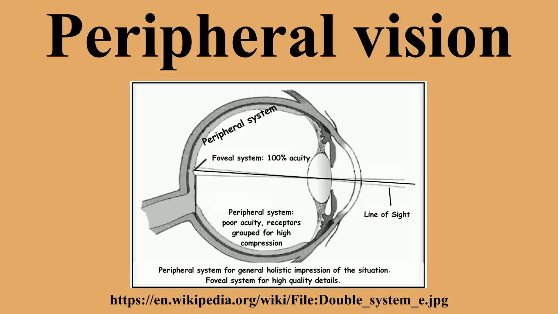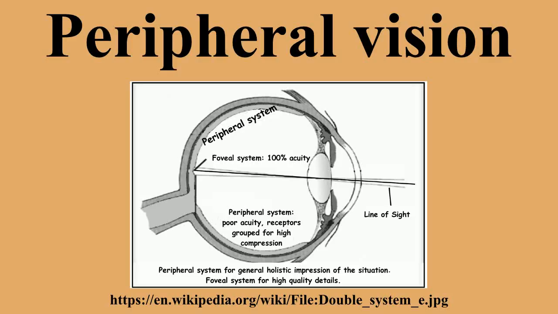Outer boundaries. The outer boundaries of peripheral vision correspond to the boundaries of the visual field as a whole. For a single eye, the extent of the visual field can be defined in terms of 4 angles, each measured from the fixation point, i.e., the point at which one's gaze is directed.